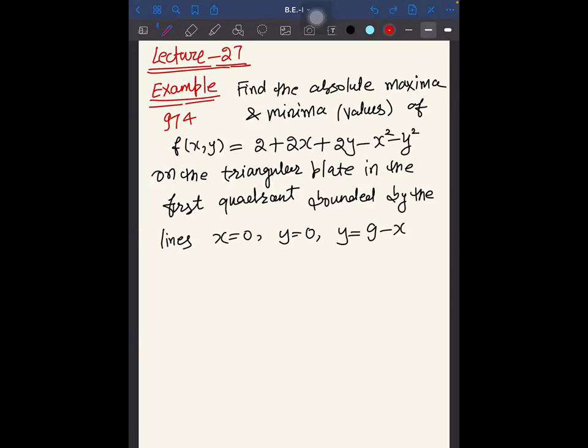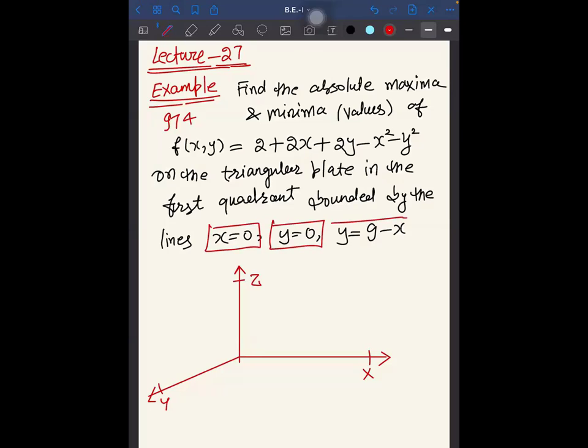So let's say you have a 3D figure. This is your x, this is your y, and this is your z. We're given that x = 0, y = 0, and y = 9 - x, which I can translate as x + y = 9.